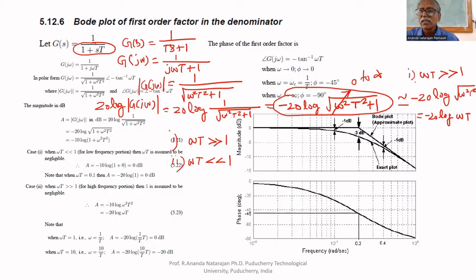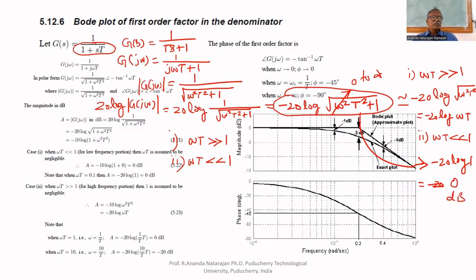That is case 1. In case 2, omega tau is far, far less than 1. Let us assume 0.01, which is negligible when compared with 1. That's why minus 20 log omega tau becomes minus 20 log 1, that is minus 20 multiplied by 0, that's why 0 dB.